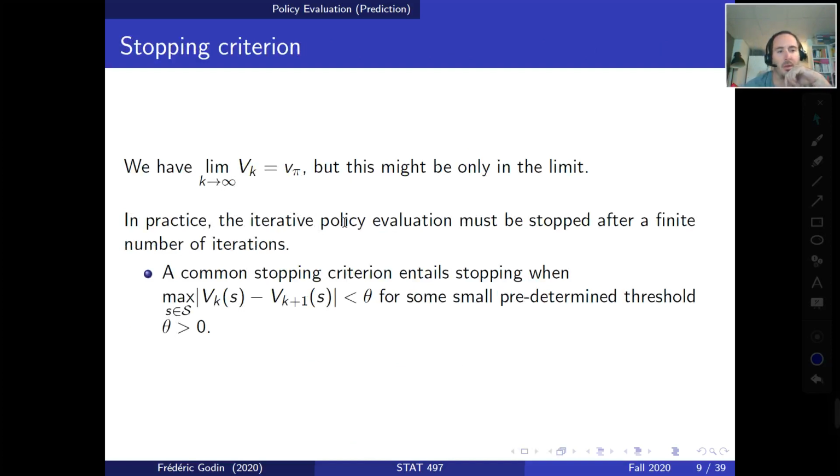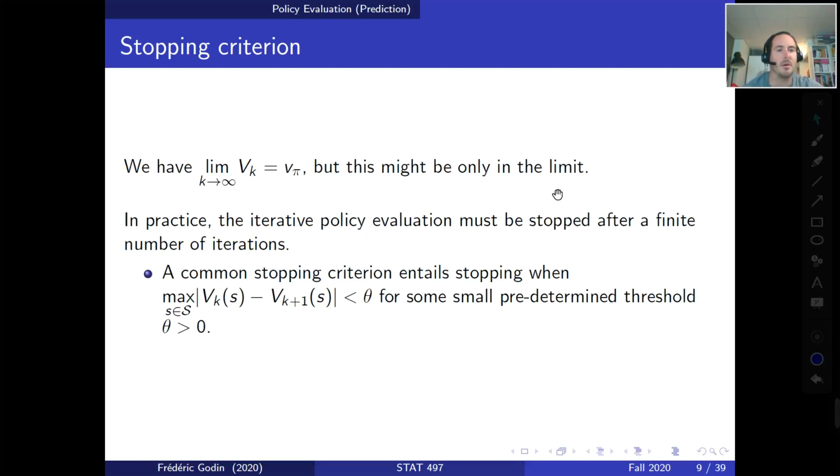One point worth mentioning is that we stated, and it can be proven, that V_k will converge to the true value function as k goes to infinity. However, this might only be in the limit.